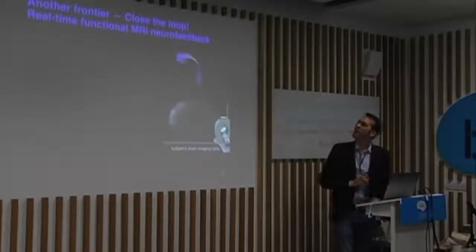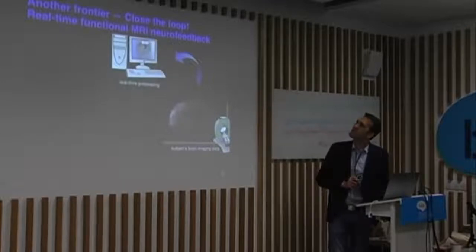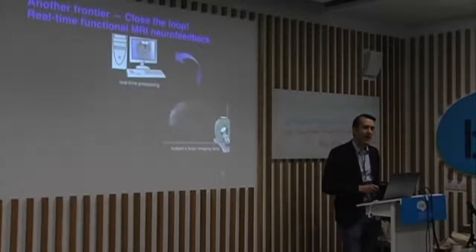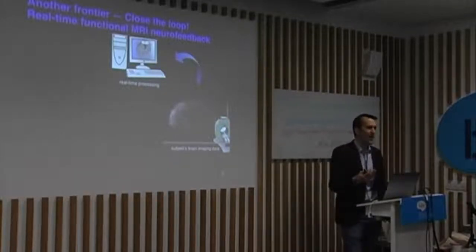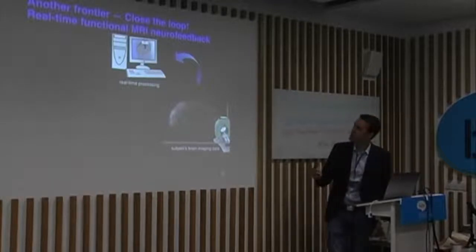And then the final frontier I'd like to mention as the end of this Ignite talk is to close the loop. Right? Can we use the real-time processing of the fMRI and extract what I call a neurofeedback signal? And the purpose of it, let me show it to you.